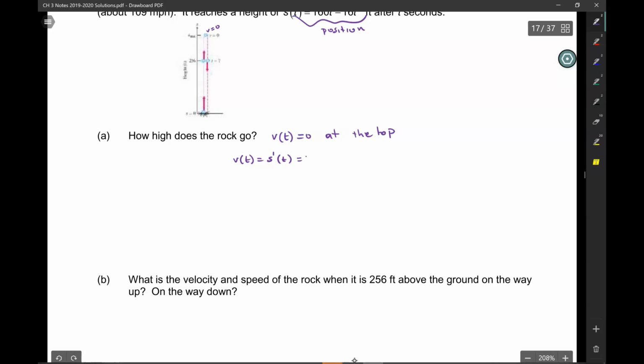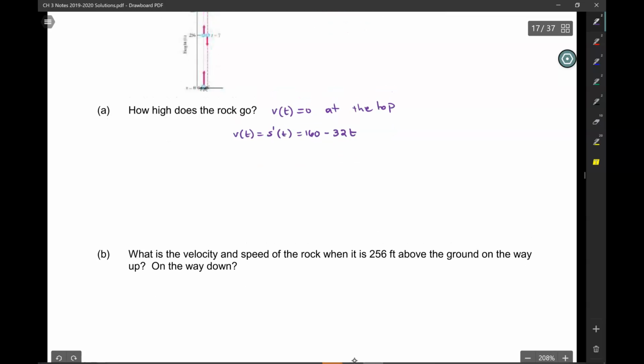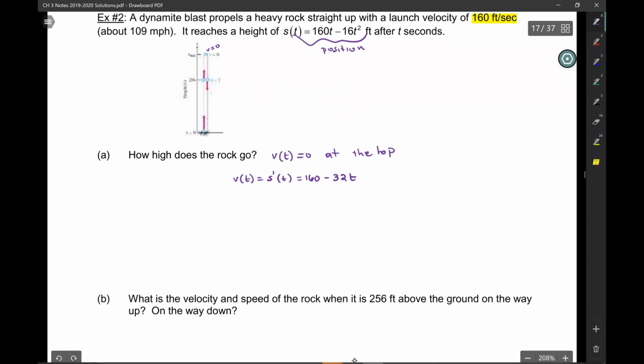Now, I want to set this equal to 0. So 32t is 160, meaning t is about 5 seconds. So it takes 5 seconds for it to reach up, and then it's going to come back down. At t equals 5, there is a split second where the velocity is 0.